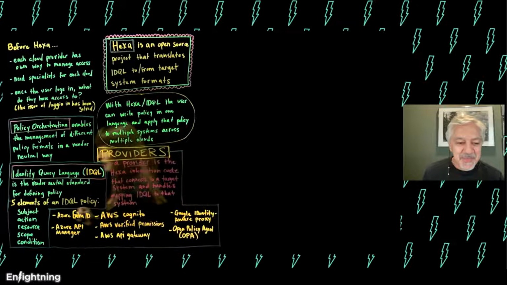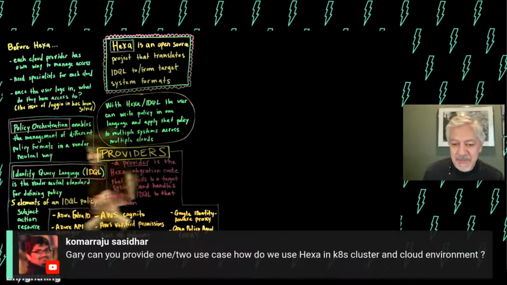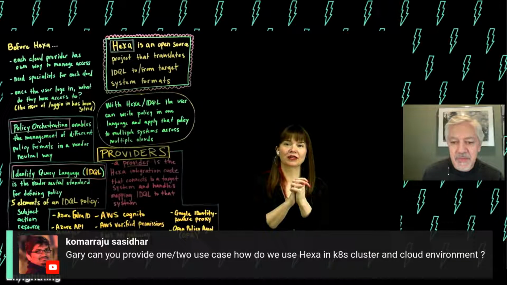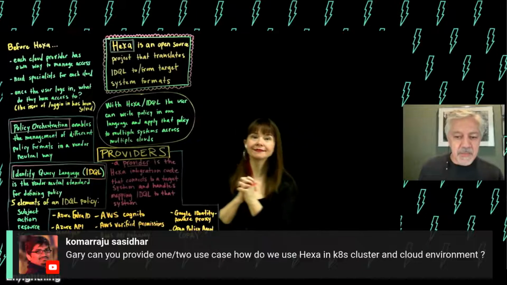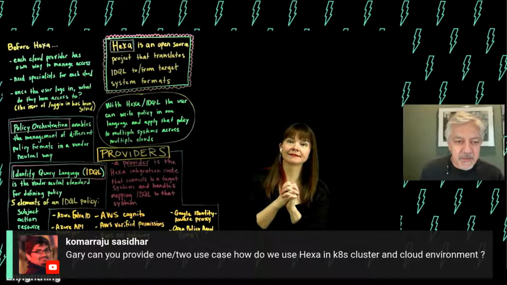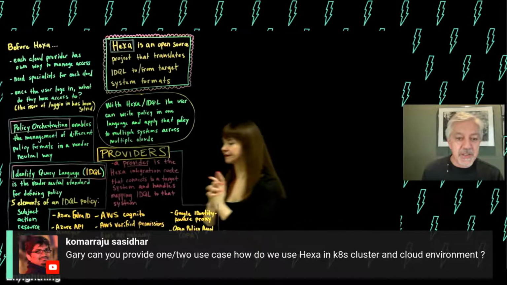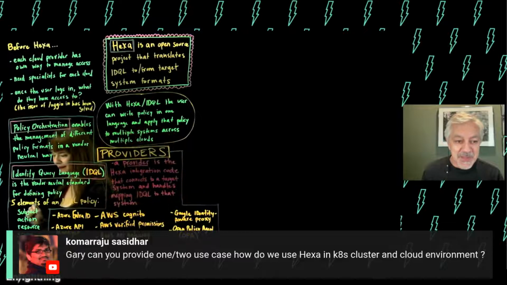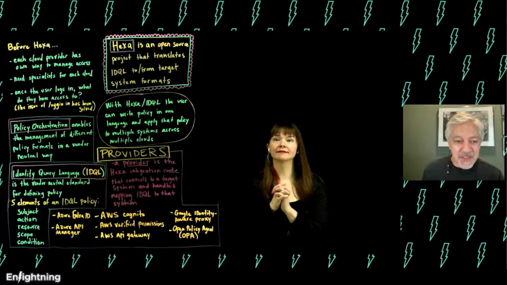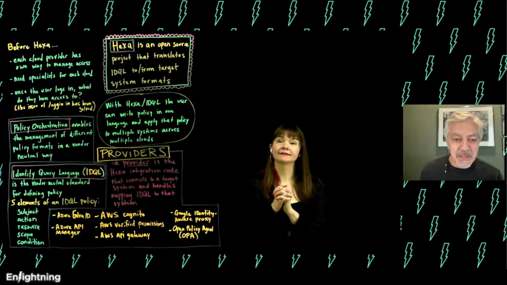Excellent. Kormaju has a question. Gerry, can you provide 1-2 use cases of how we use Hexa in a Kubernetes cluster and a cloud environment? Well, I'll focus on the cloud environment example. We could have a business workload running in 2 clouds for high availability, because as we know, cloud systems go down just like any other system. And so we want to have as close to 100% availability as possible.